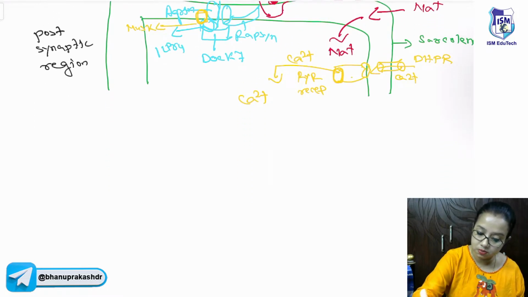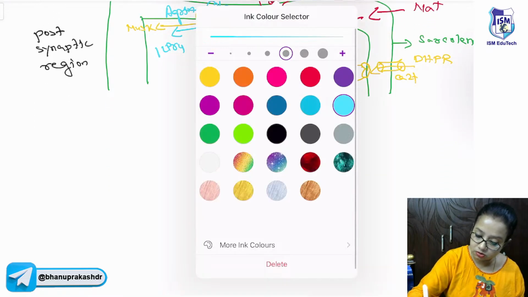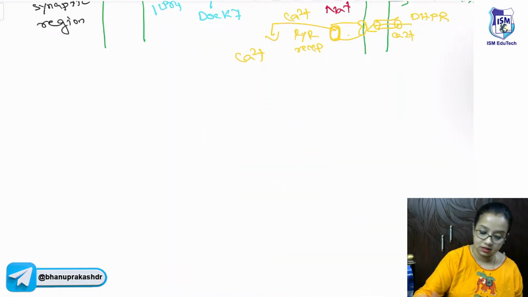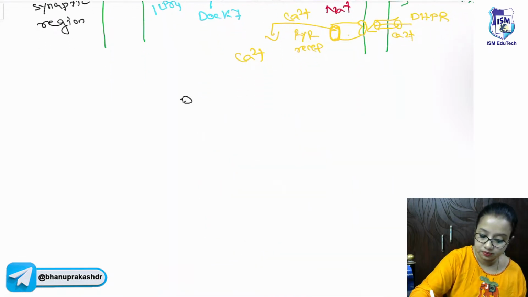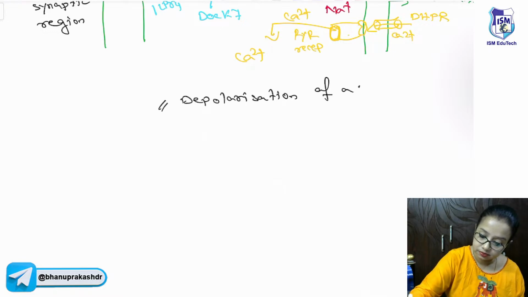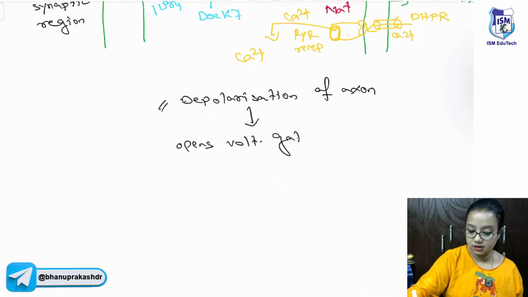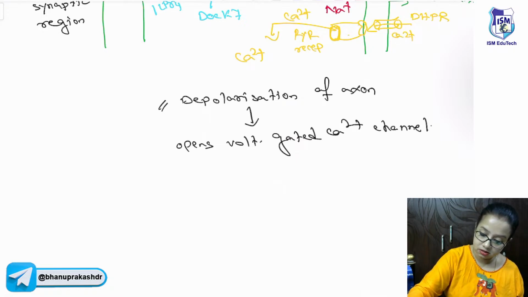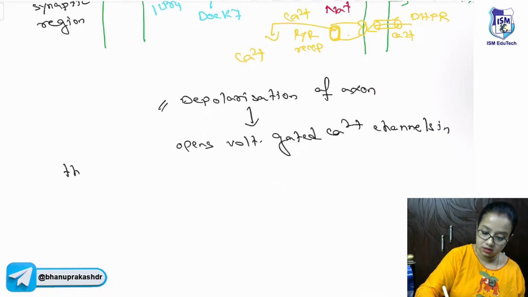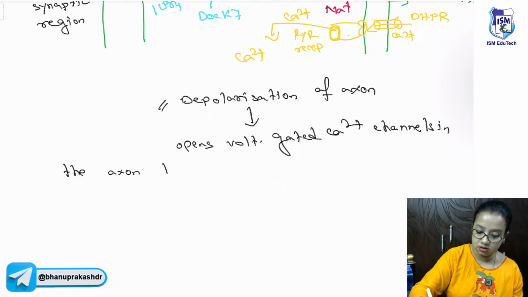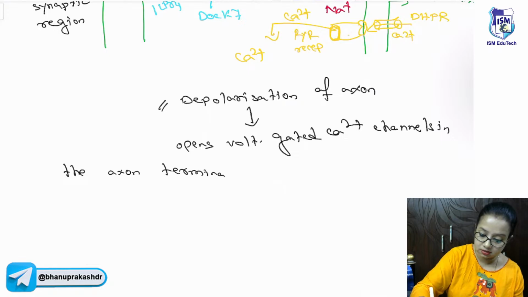Okay, now the whole process, writing it in a flow chart so that we can connect to the applied part and clinical part. So, it is depolarization of the axon, which opens voltage gated calcium channels in the axon terminal.